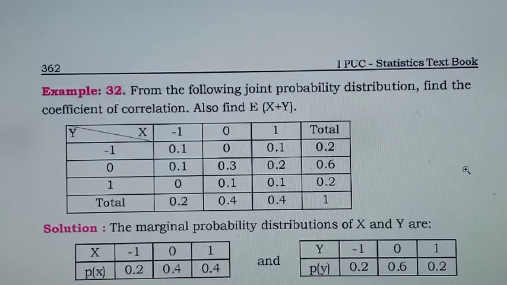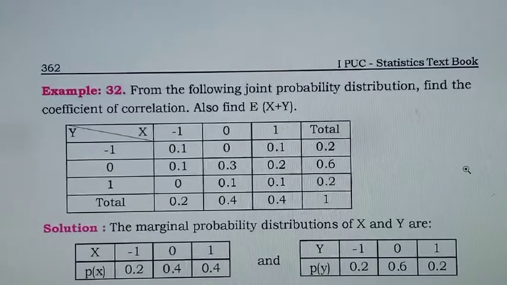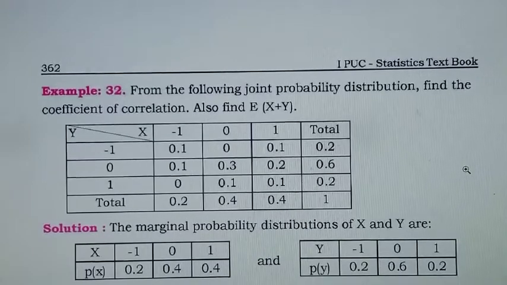As we know, by the addition theorem of expectation, the expectation of x plus y is nothing but the expectation of x plus the expectation of y. Then look at this problem now. Here the joint probability of x and y is given. The real values of x are -1, 0, 1, and the real values of y are -1, 0, 1.